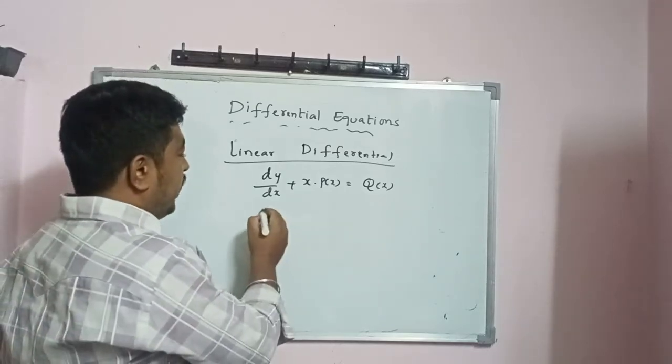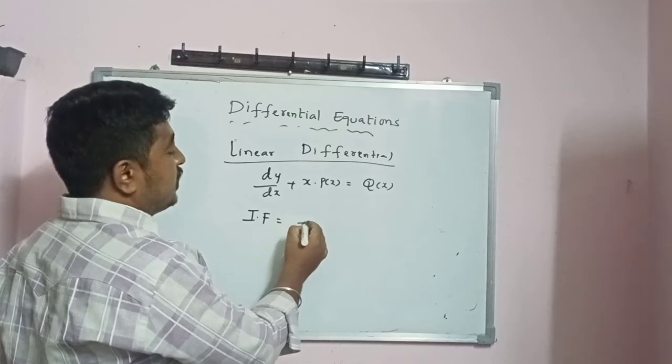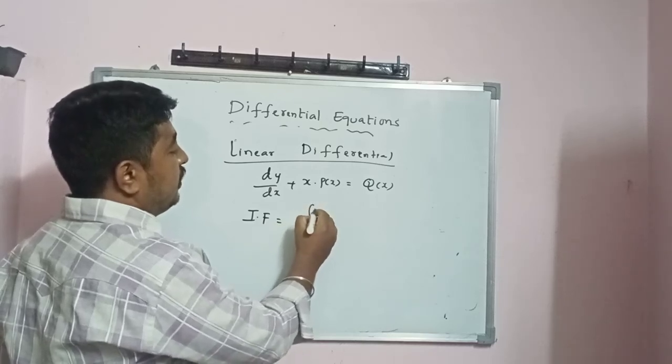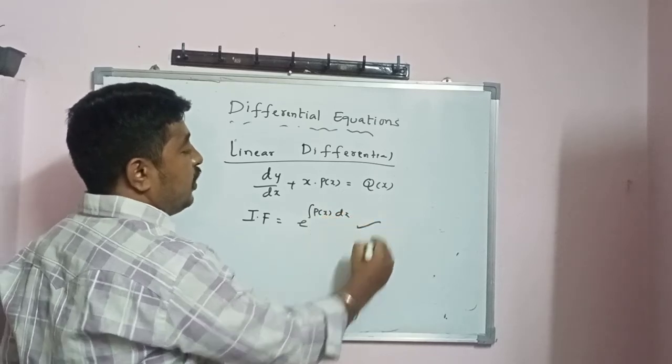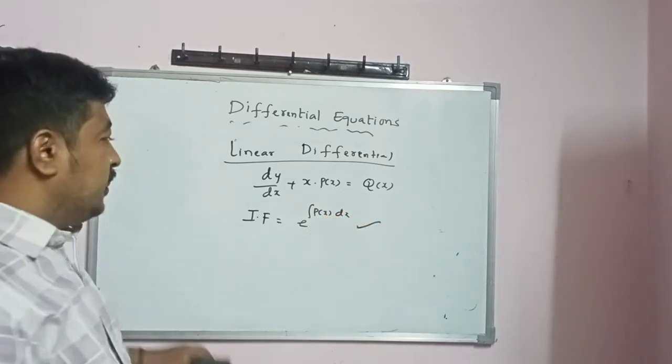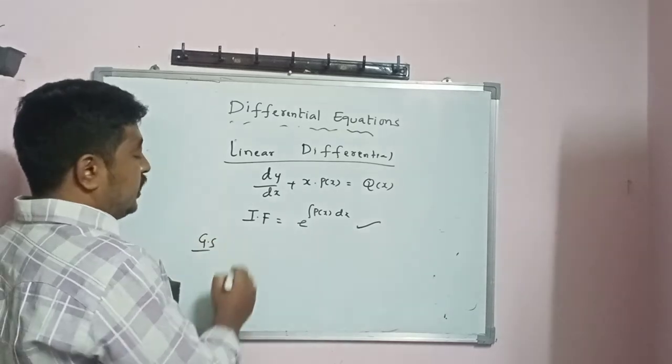In this, we take one integral part, the integrating factor, IF, which means e power integration of p of x dx. First, you find this. After this, we find the general solution.